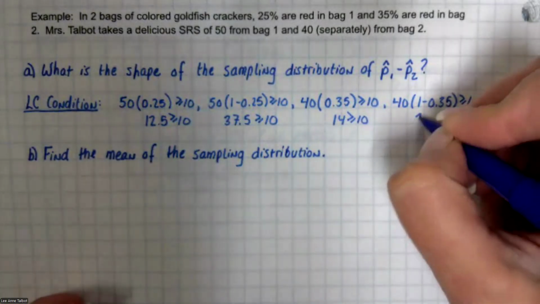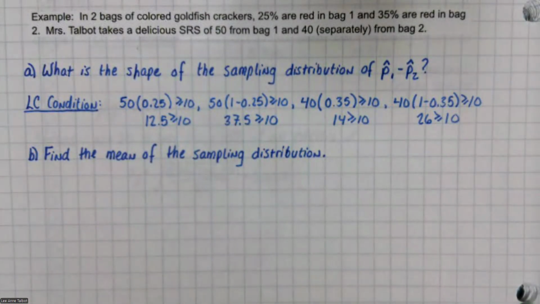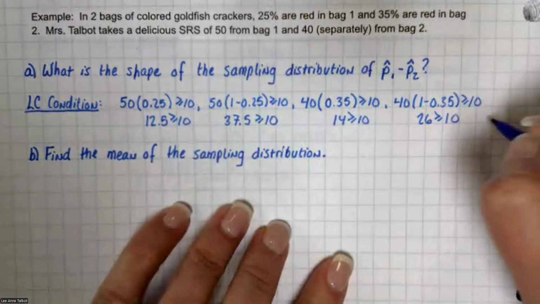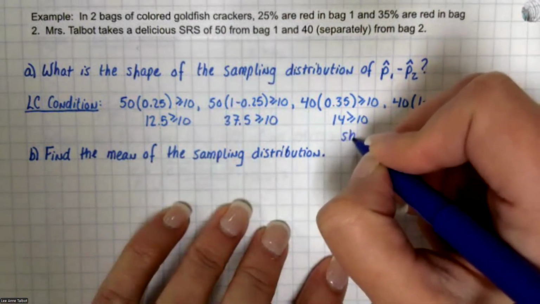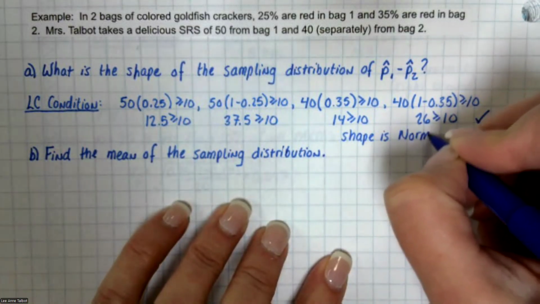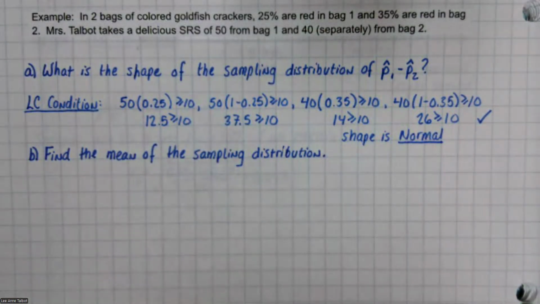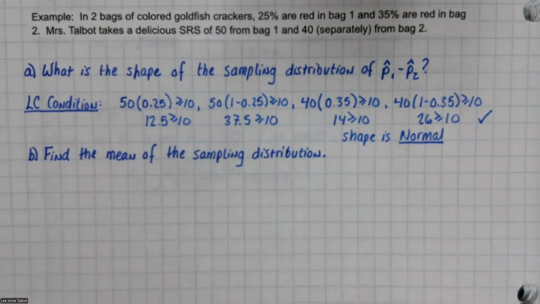And this is 26, which makes sense because they have to add to 40. Okay. Any questions about the shape?